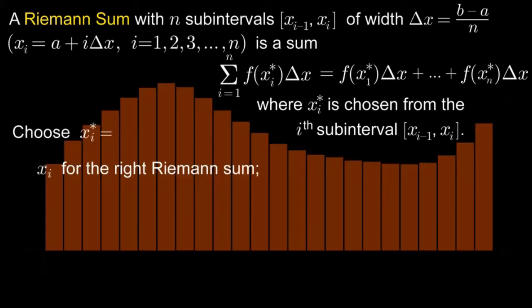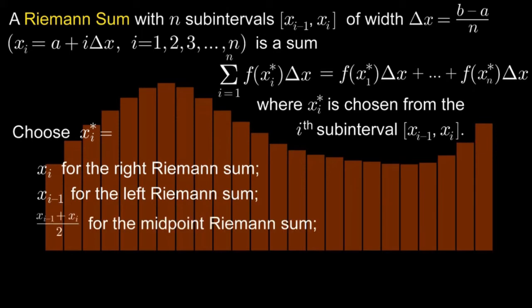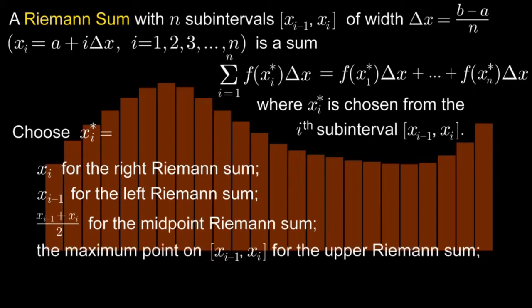For example, if your x_i star is the right endpoint of the subinterval, then you just get the right Riemann sum. If x_i star is chosen as the left endpoint of that subinterval, then you'll get the left Riemann sum. If x_i star is the midpoint of the ith subinterval, you'll get the midpoint Riemann sum.